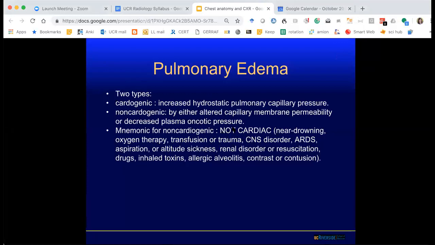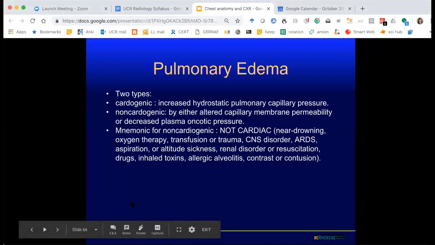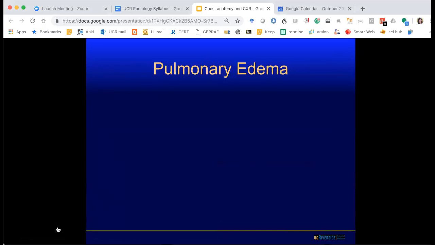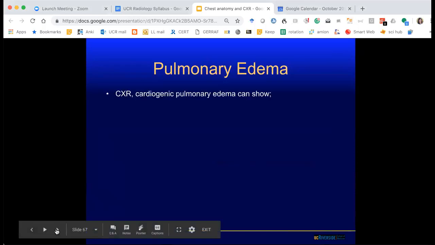Here's an acronym: near drowning, trauma, oxygen therapy, CNS like TBIs, traumatic brain injuries, ARDS, aspiration, altitude sickness. These are less common, but we can see pulmonary edema in those, typically in young people actually. Cardiogenic we'll typically see in older people with CHF and whatnot. And so it's a slightly different patient population.